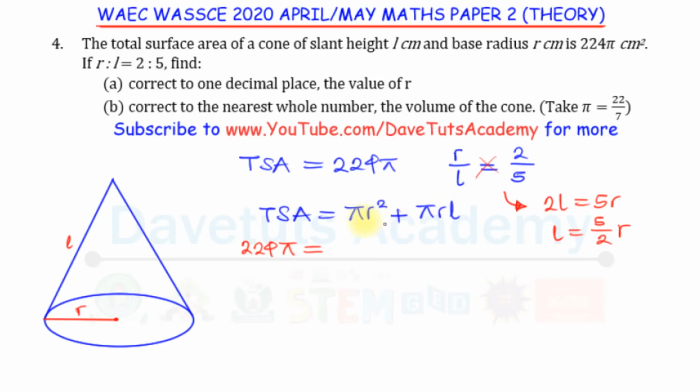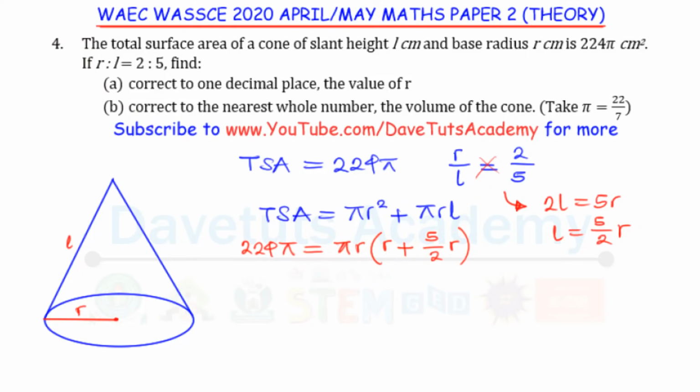We can see that pi is common to both, so we factor out pi. R is also common, so we factor out R. Here we have R remaining, plus L remaining, but instead of L, L has been expressed as 5/2 R.